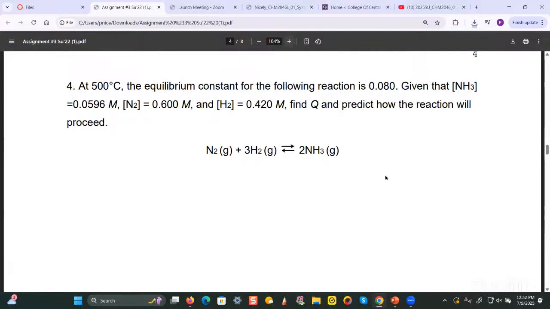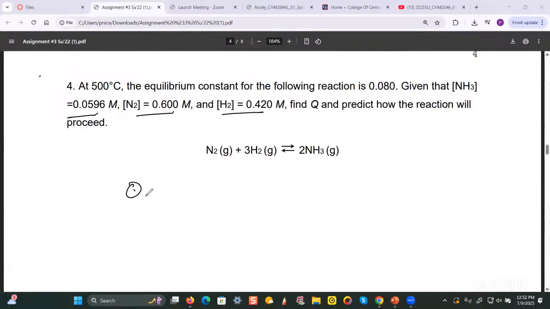If you remember, the equation for Q is basically the same as the equation for Kc or Kp, but the difference is that Q is for concentration terms that don't have to be at equilibrium, right? So they gave you the concentrations here for the different components.